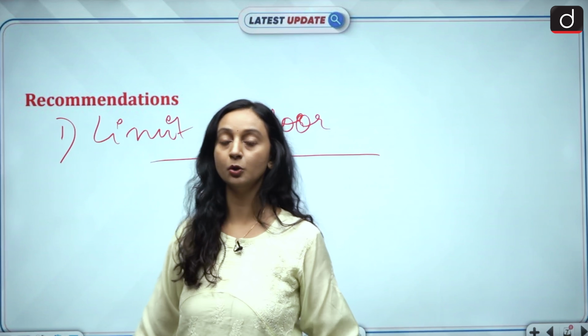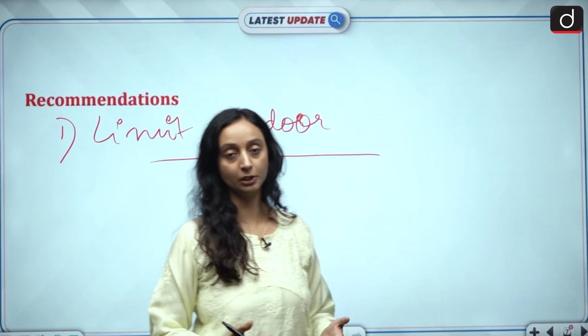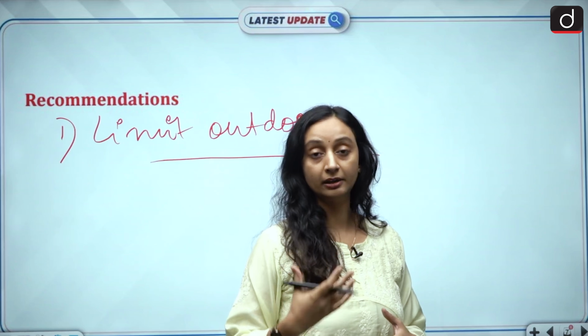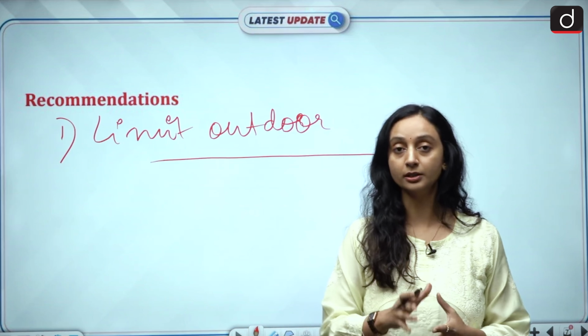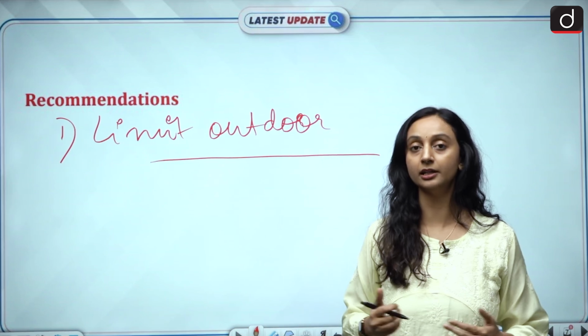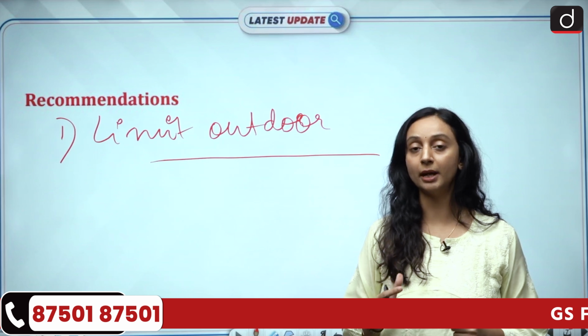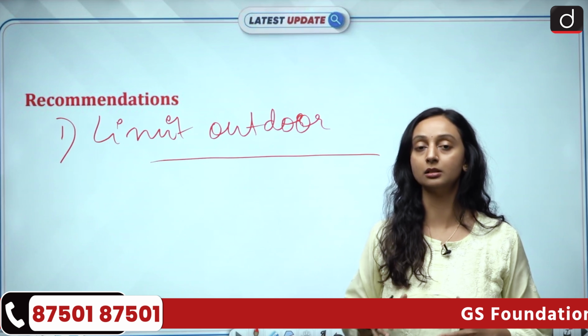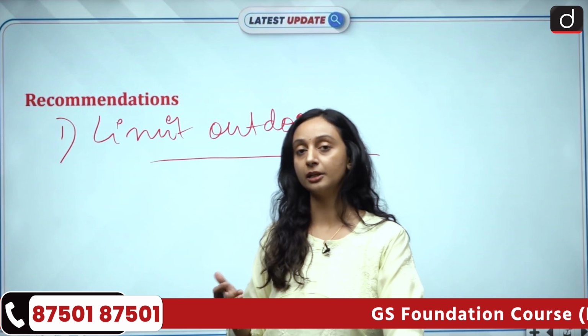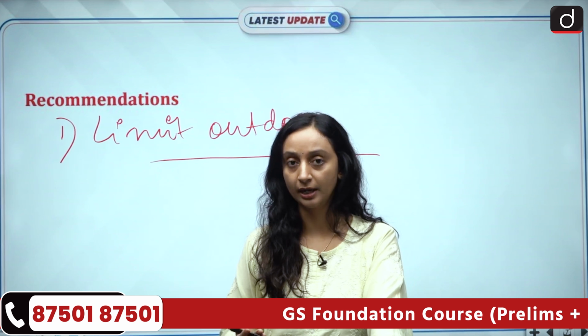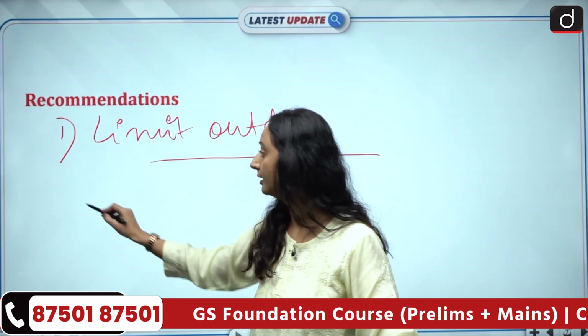Please step out only if it is needed, because environmentalists and doctors are saying that right now the air is so bad that it is equivalent to smoking dozens of cigarettes altogether. So please limit your outdoor activities as much as you can.